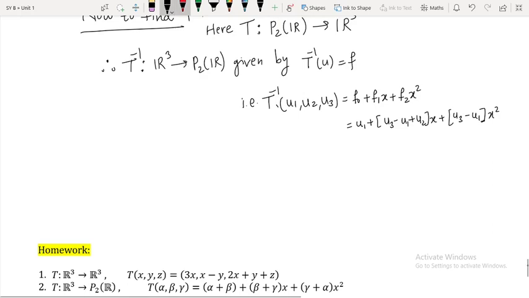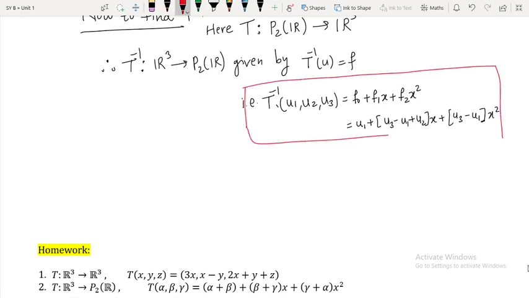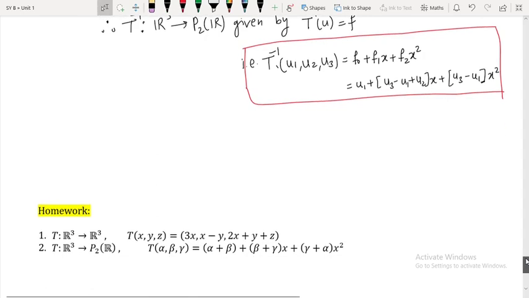Okay, so this is your T inverse for this example. So that is regarding the examples on isomorphism.